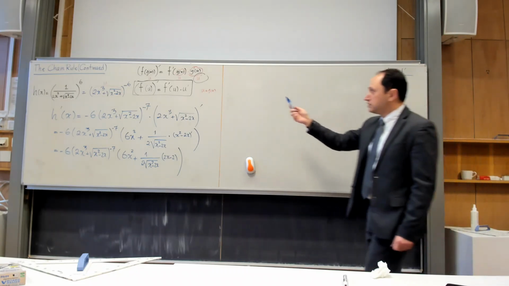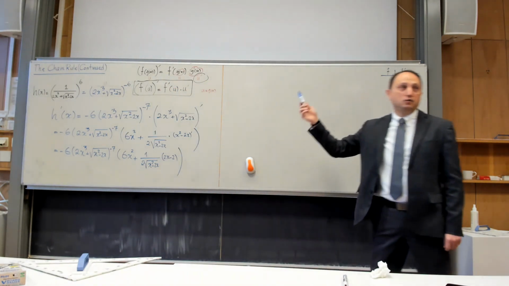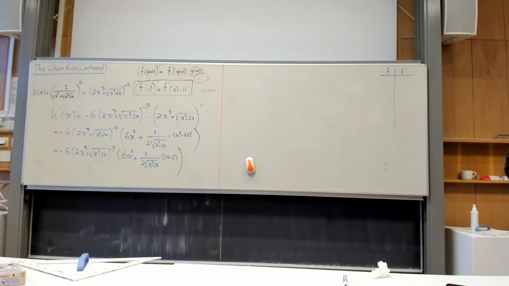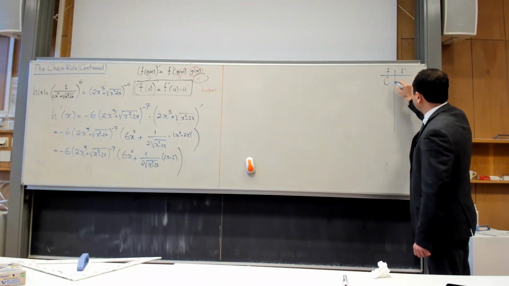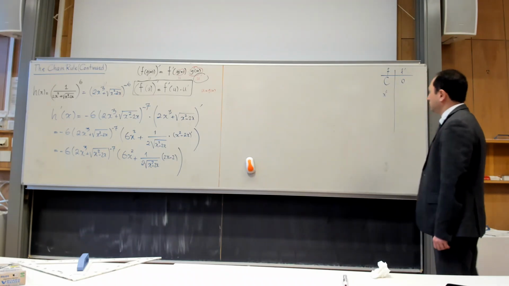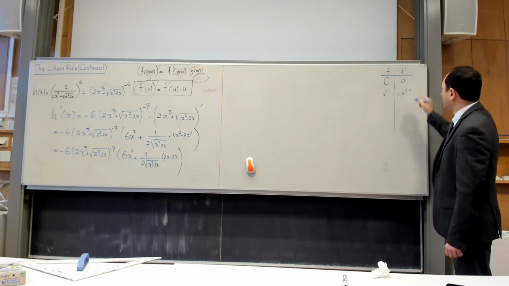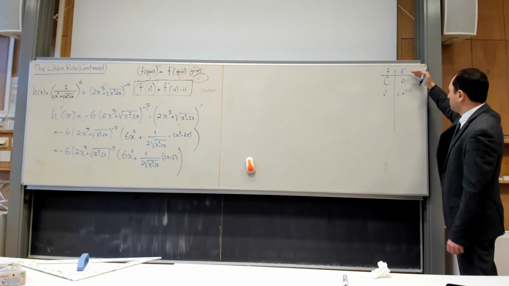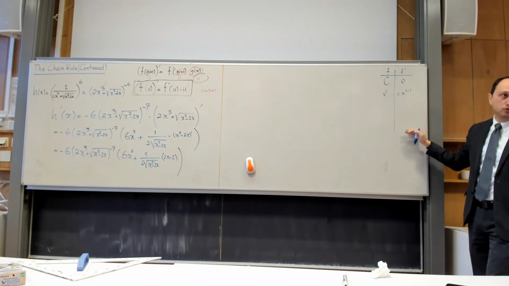You will get this formula, unfortunately, in the formula sheet, because I don't understand if someone doesn't know about the chain rule, what they know about derivative, I don't know. But anyway, f and f prime, so you have a constant, the derivative is 0. You have x to the power c. The derivative is cx to the power of c minus 1. This table, as we progress, we will continue to add more items to it. This will be given to you.